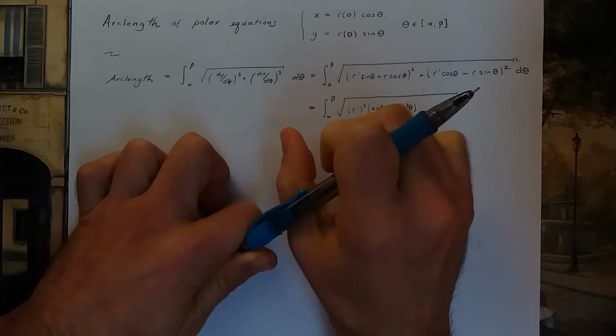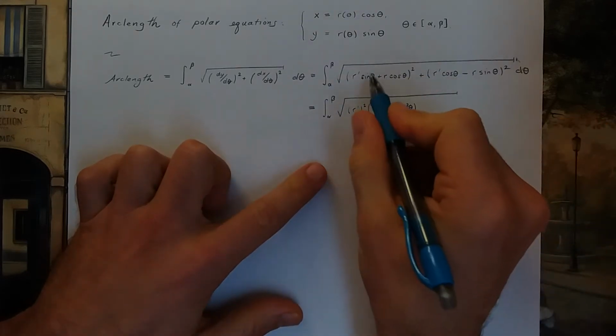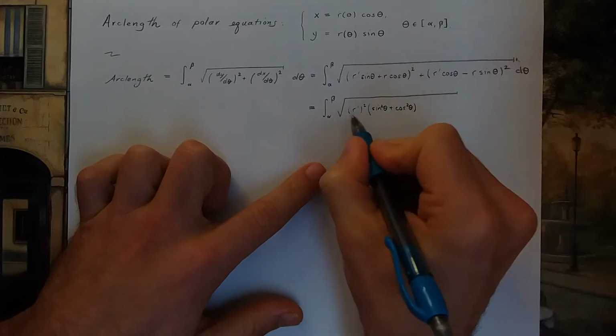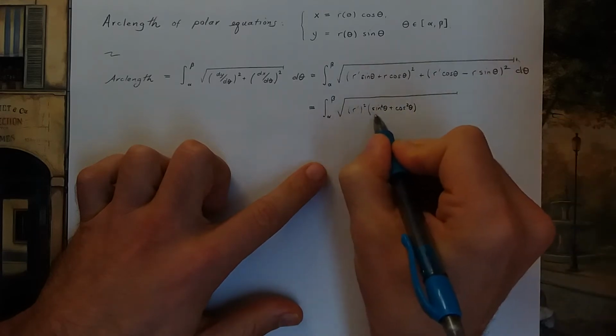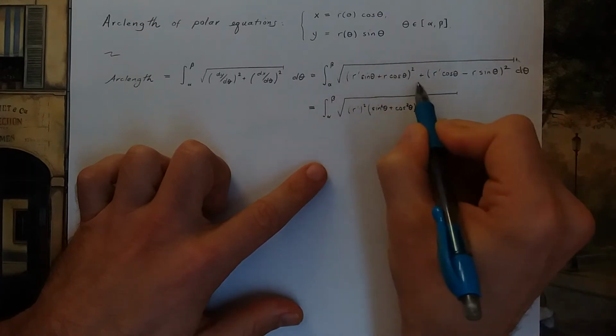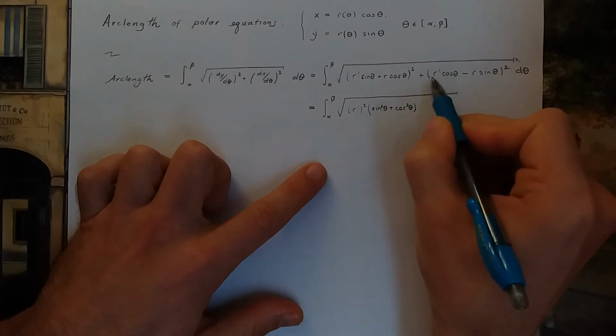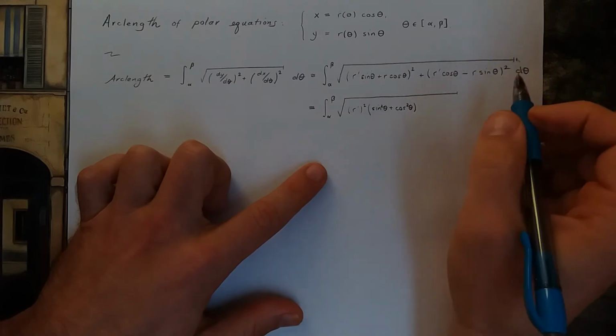I'm not showing you all of the algebra steps here. But if you FOIL everything out and you group every term that has an r prime in it, you would find sine squared and cosine squared. You could kind of see that because if you square this first term, you get r prime squared sine squared. If you square the second term here, you get r prime squared cosine squared.